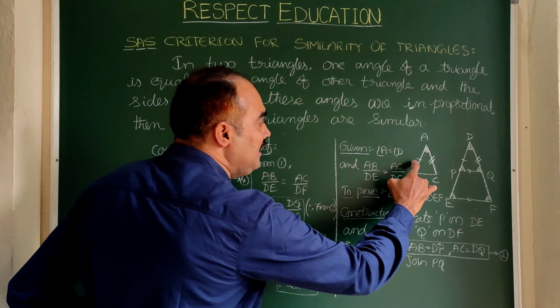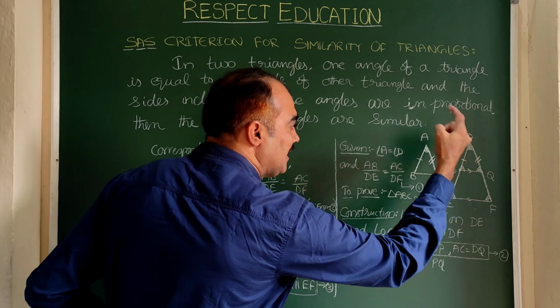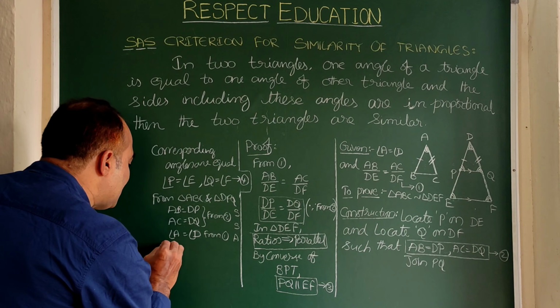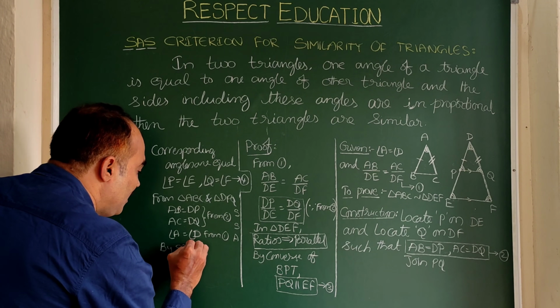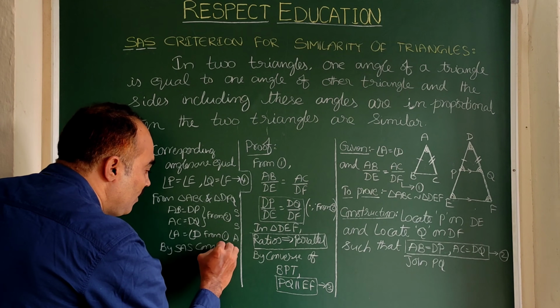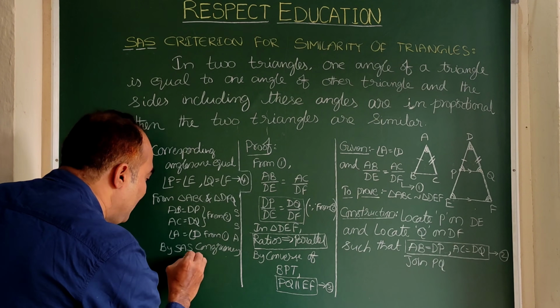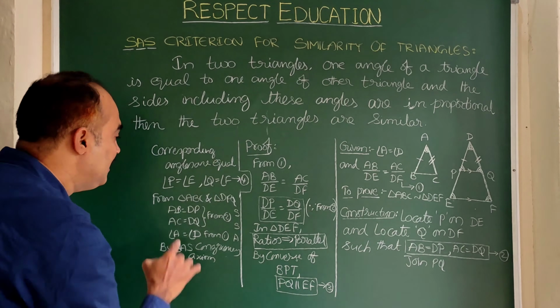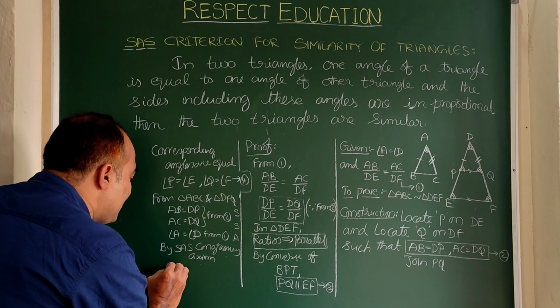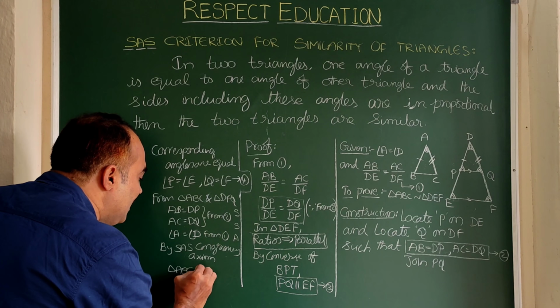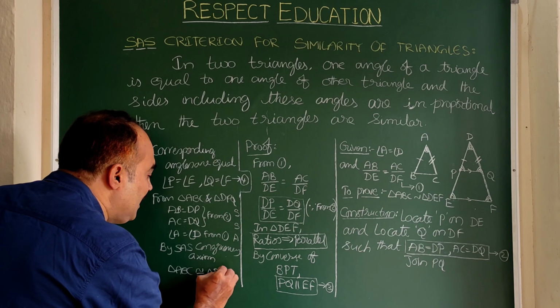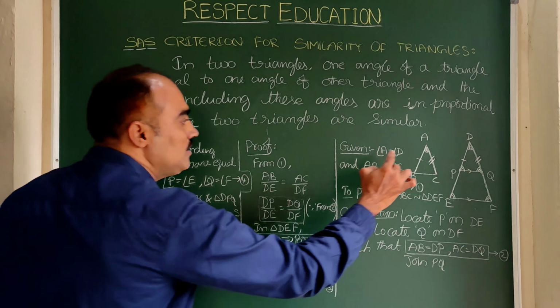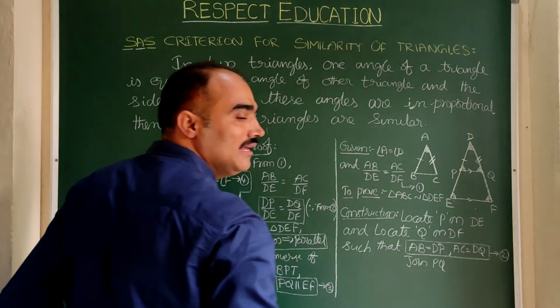See here: side, angle, side. So by SAS congruency axiom, we can say that triangle ABC is congruent to triangle DPQ. So this triangle is congruent to the upper triangle.